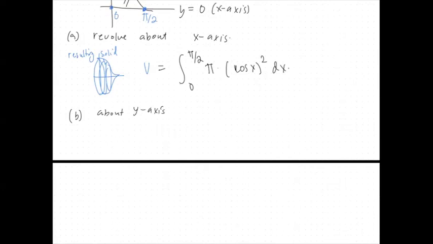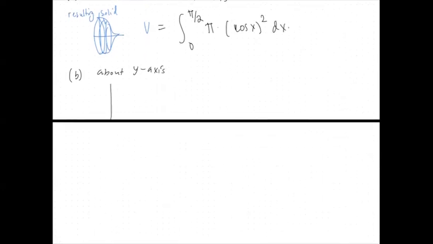And then letter B, about the y-axis. So the resulting solid will be like this. This is your curve, and you revolve this about here. Then you get something like this. This is your y and this is your x. Now the volume will be just from 0 to 1 and then dy.